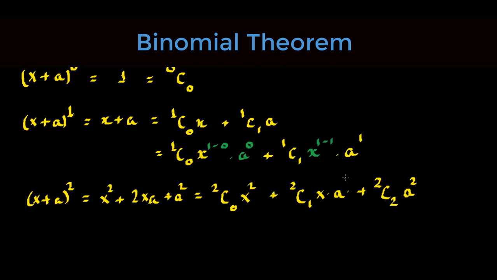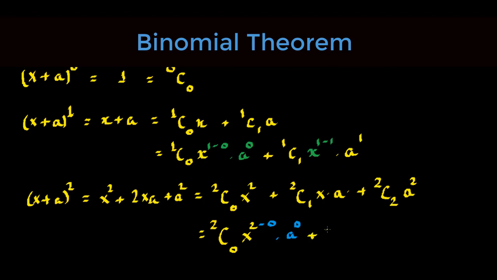If you're having a confusion here, let's try the same technique in the expansion of x plus a whole squared. So for the first term, 2c0 remains unchanged, x squared. What I'm going to do here is subtract a 0 from it. There is no a term here, but I'm going to multiply with a raised to the power 0.